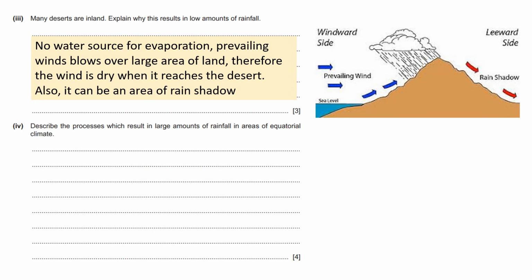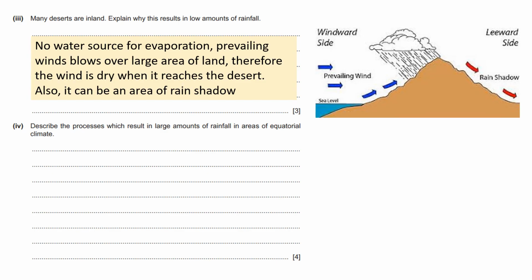Then the next question here is, we should describe the processes which result in large amounts of rainfall in areas of equatorial climate. Now, I have mentioned earlier that within equatorial climate areas, you have high insolation because the sun rays concentrate on a small area.